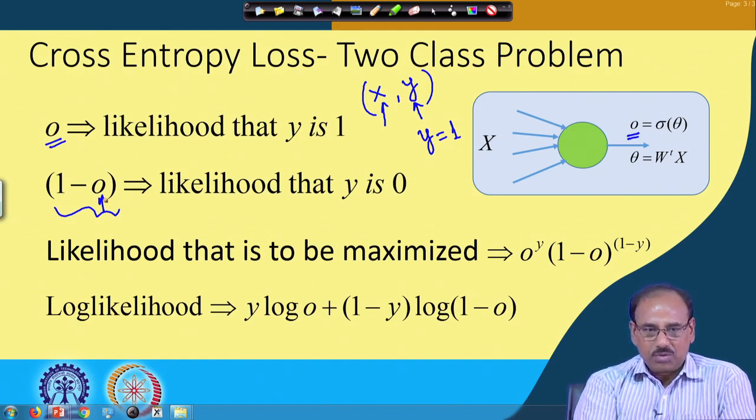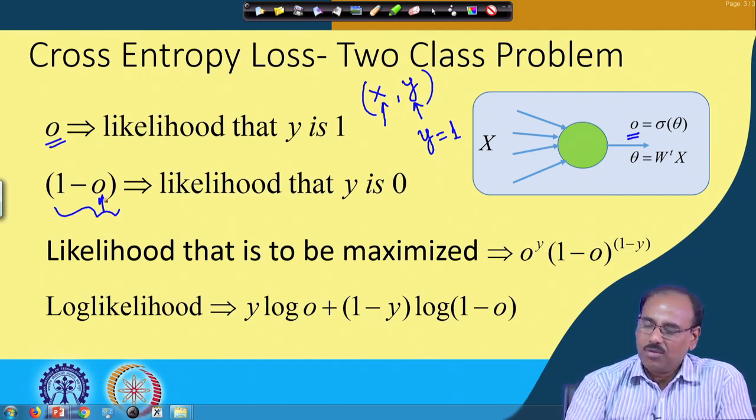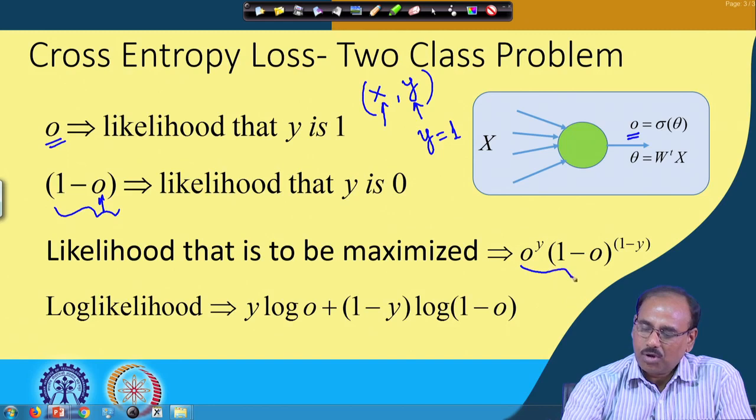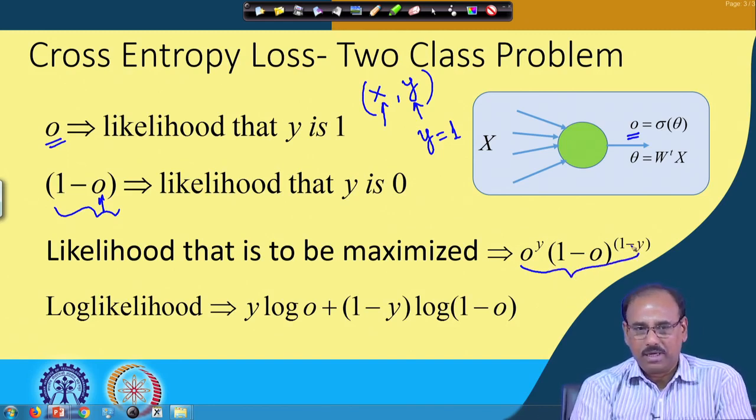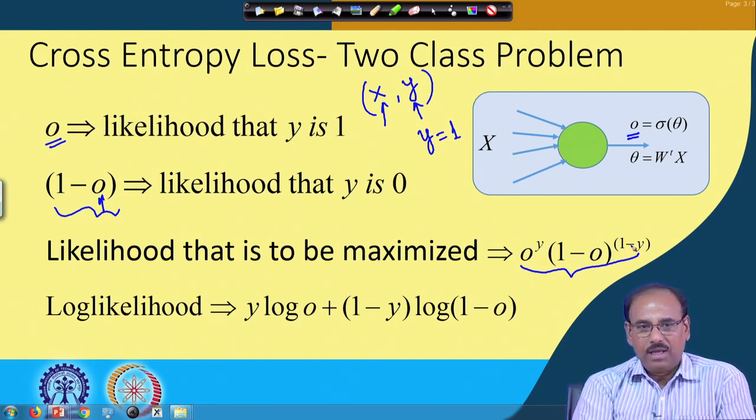So, I can combine these two to get a likelihood that needs to be maximized, which is given by O to the power y into 1 minus O to the power 1 minus y. So, this is the likelihood that needs to be maximized for training this neural network.